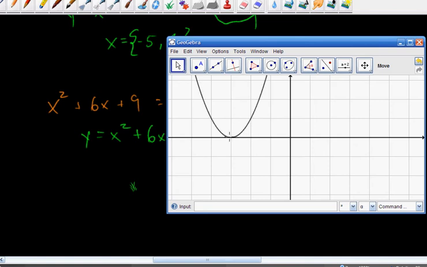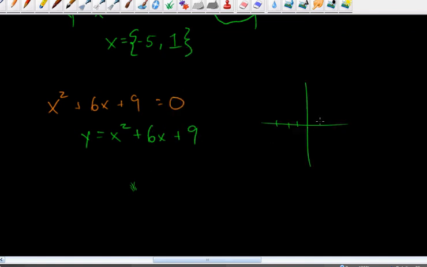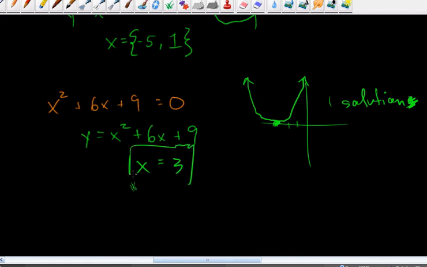Since the graph hits the x-axis just at x equals negative 3, then we say there's only one root, or one solution in this equation. Whoops, one solution. And in that case, x equals negative 3.